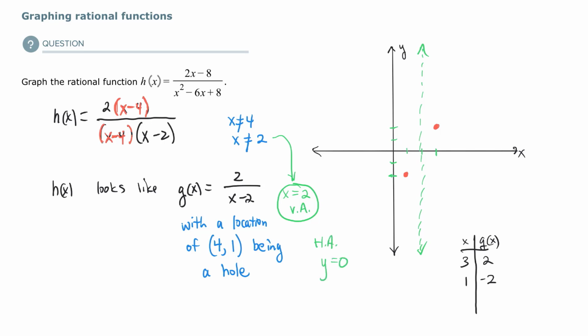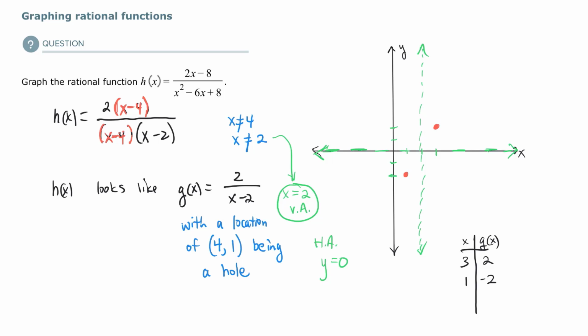The horizontal asymptote is y equals 0, so y equals 0 is really just the x-axis. How do I know it's y equals 0? Well, the degree of the numerator of this rational function is less than the degree of the denominator, and that will yield a horizontal asymptote of y equals 0.